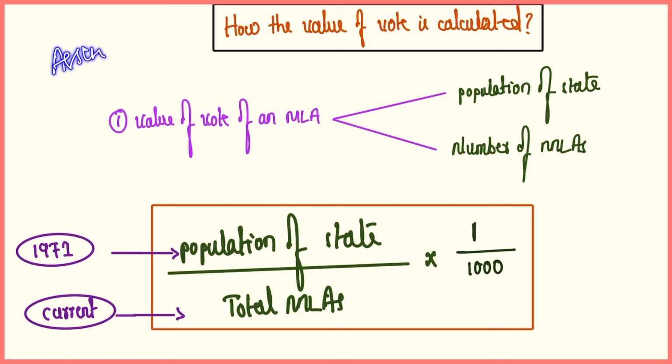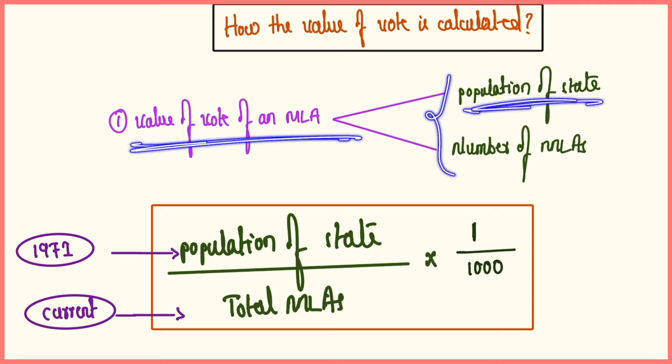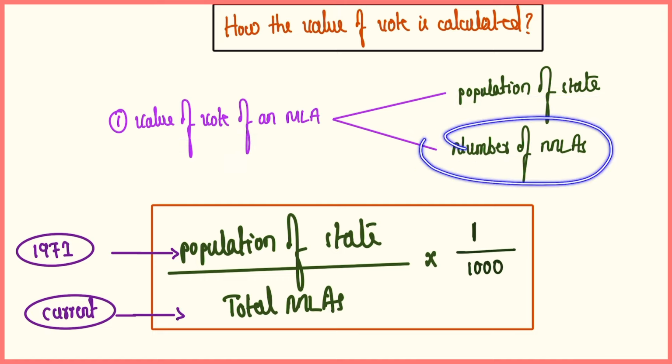In Maharashtra, whatever the total strength of the assembly is also determines the value of an MLA's vote. So if a question asks what factors dictate the value of the vote of an MLA, these are the two: population of the state and total number of MLAs. Not present, not voting, I'm talking about total strength. What is the total strength of the assembly of that state? For example, the total strength of the assembly of UP is 403.